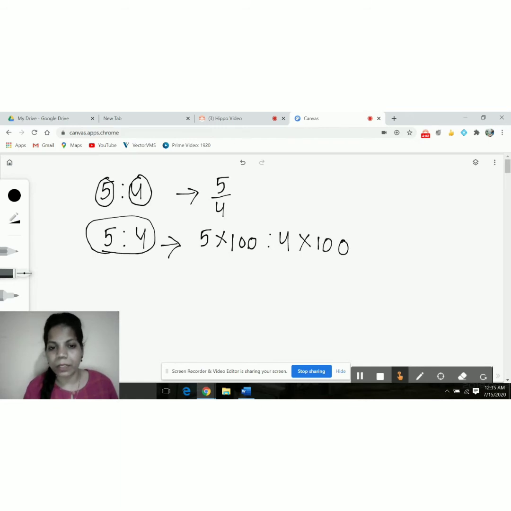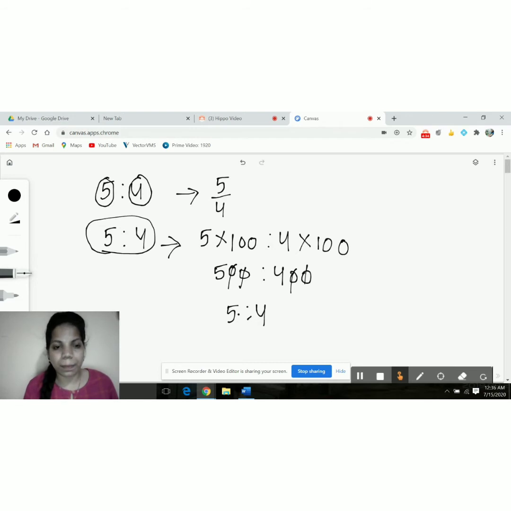Now 5 into 100 becomes 500 is to 4 into 100, 400. Now we will cancel two zeros here and two zeros here. So I got the ratio as 5 is to 4. Again I got the same answer.